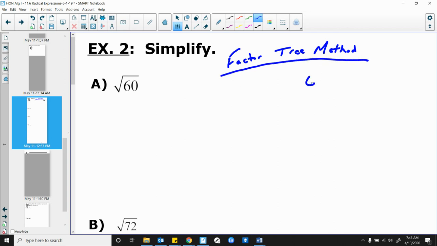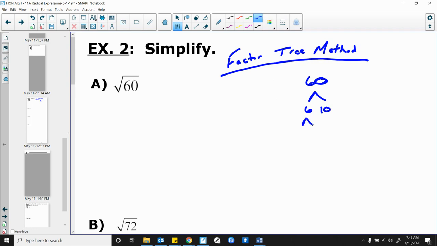So remember when we do our factor tree, we take our number, we write it up top, and then we think of something that'll multiply to get us 60. Now, you can always pick 2 if it's an even number. That's always a safe bet, and it'll take a little bit longer, but you'll get there. For 60, though, I can see that 6 and 10 multiplied together get me 60.